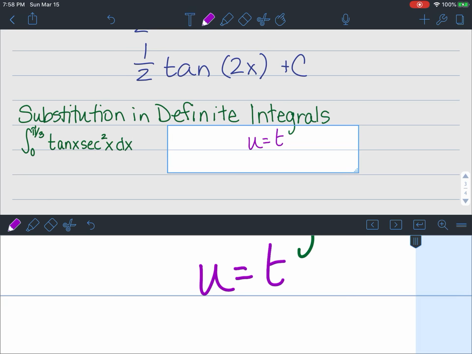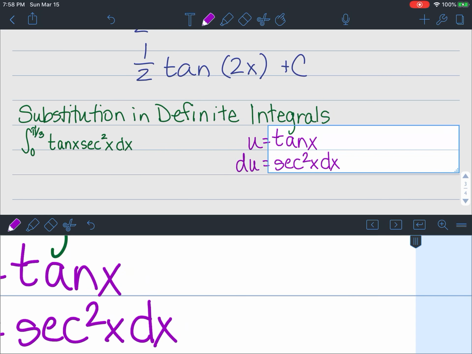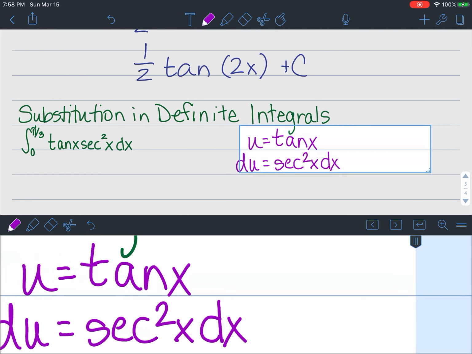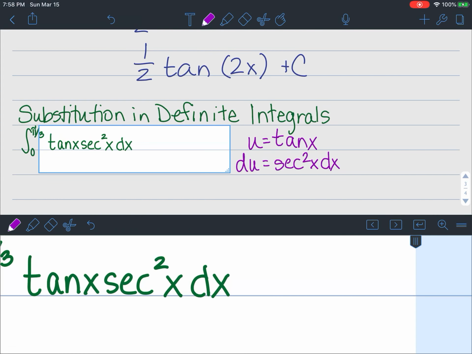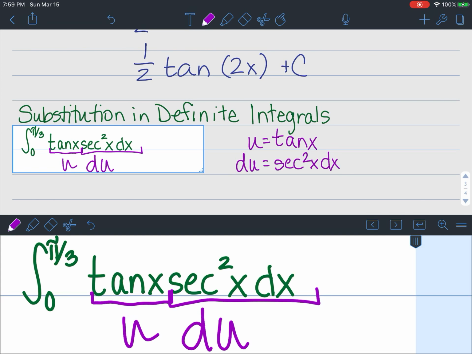So let's make u tangent x. And then we would find the derivative of tangent, which is secant squared x dx. And that's right here. So we can replace secant squared dx with du, and we can replace tangent x with u.